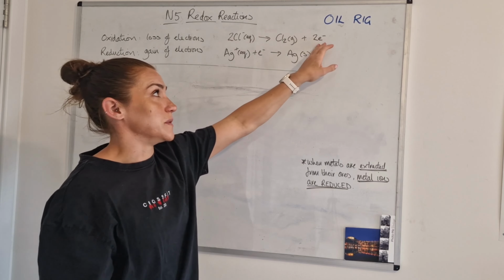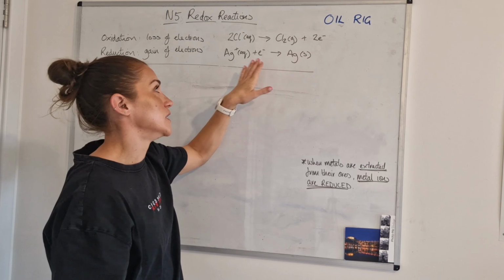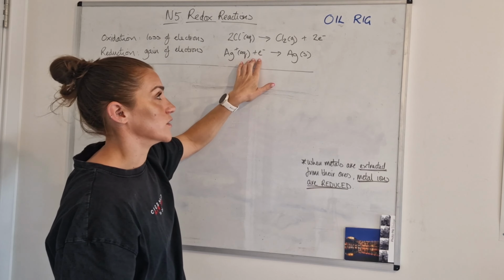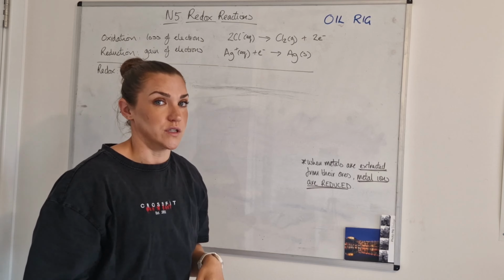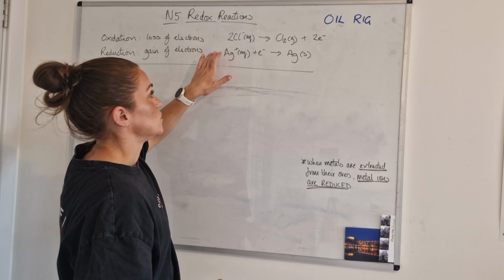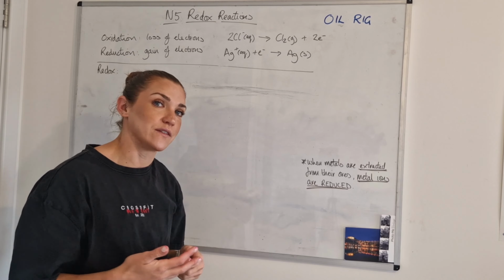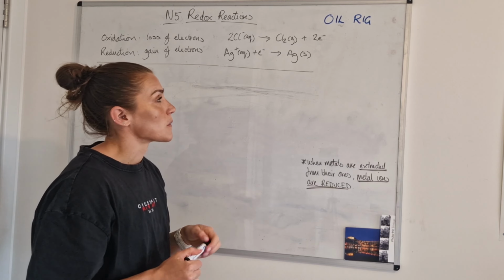If the electrons are being given off, they're being lost, so it's oxidation. If they're being taken on and they're a reactant, that would be reduction because they're being gained. Those are the two separate half equations, or ion-electron half equations, that are going on.